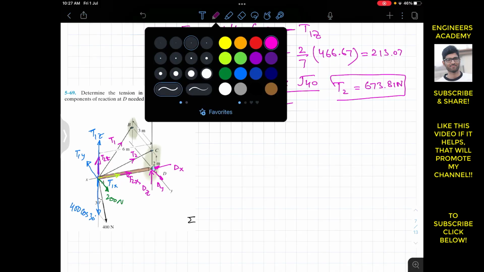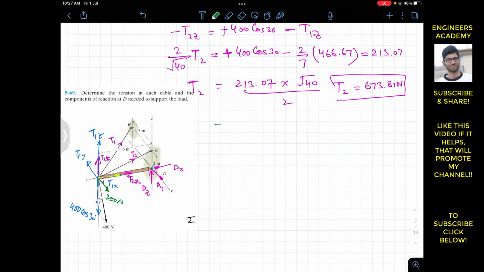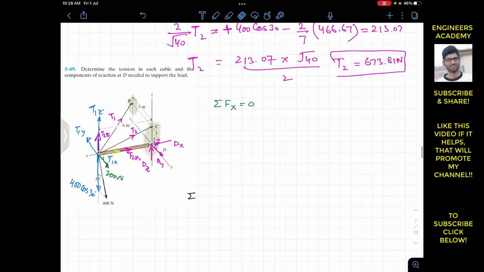Now we can apply the summation of forces along the x-axis equals 0. This dx is acting in the positive x, so we will write plus dx minus t1x minus t2x equals 0. Or we can say that dx is equal to t1x plus t2x.